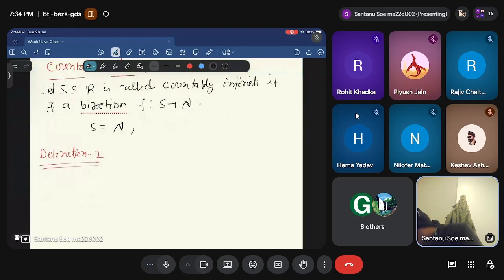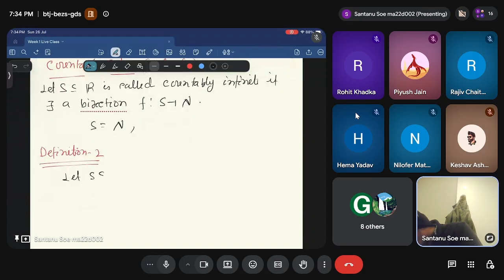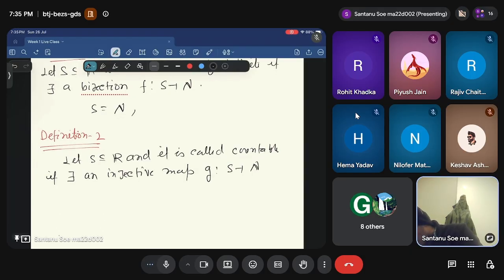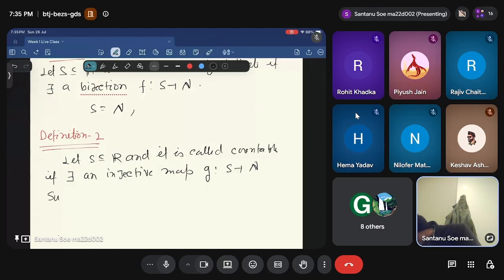Let S be a subset of R, and it is called countable if there exists an injective map g from S to N such that, if there is an injective map g from S to N.